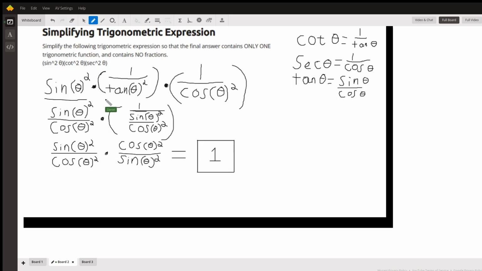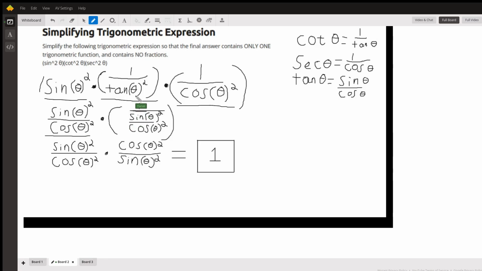Convert cotangent squared into 1 over tangent squared, and secant squared into 1 over cosine squared. Next step, we multiply the sine squared and the 1 over cosine squared into sine squared over cosine squared, which would be this right here.